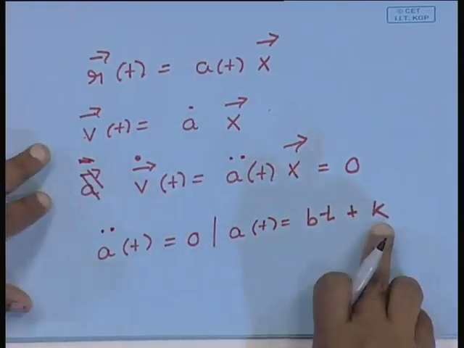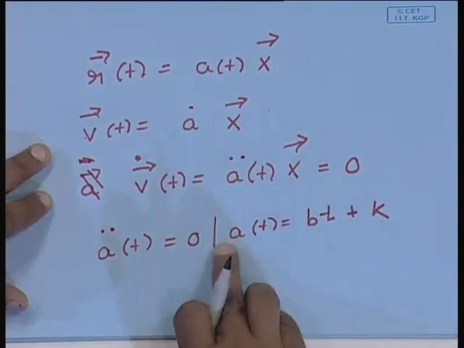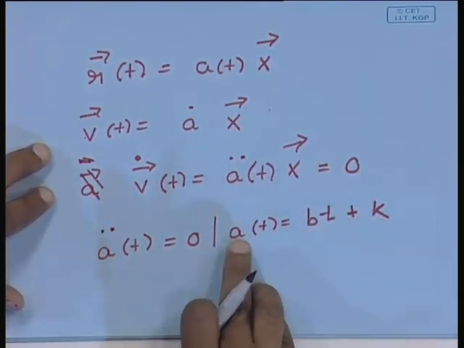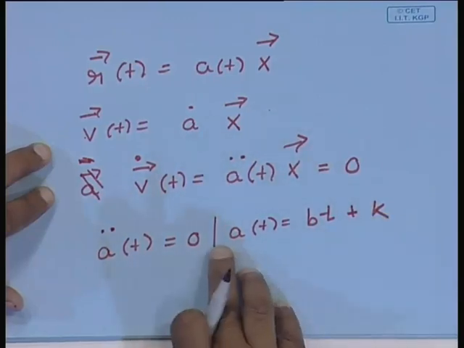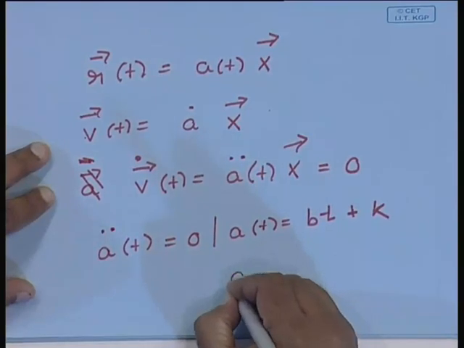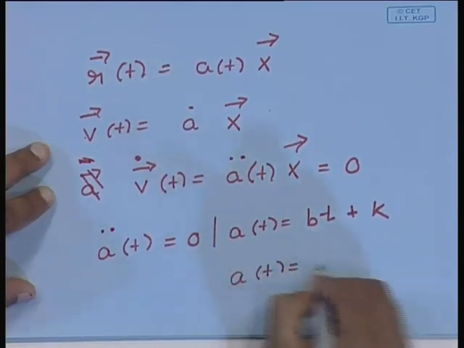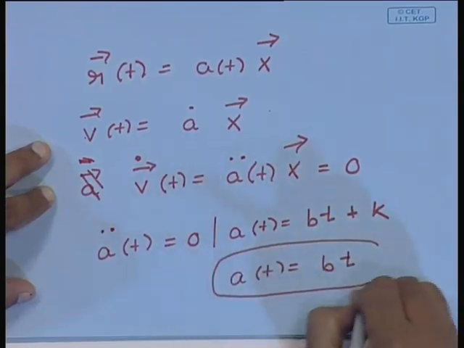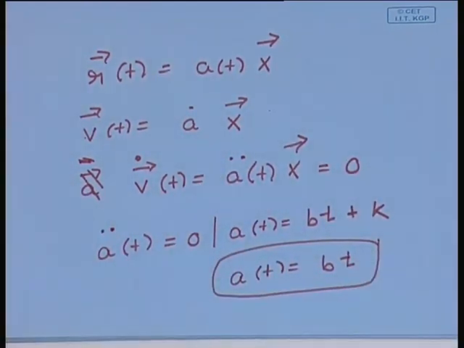The value of k will decide where the scale factor becomes 0. It is most convenient to choose k so that the scale factor is 0 at t equal to 0, so A of t is equal to b t. This is the law of expansion in the absence of gravity, free expansion.